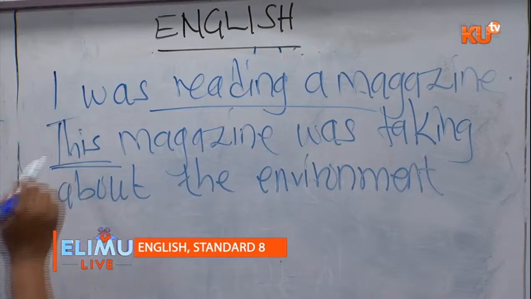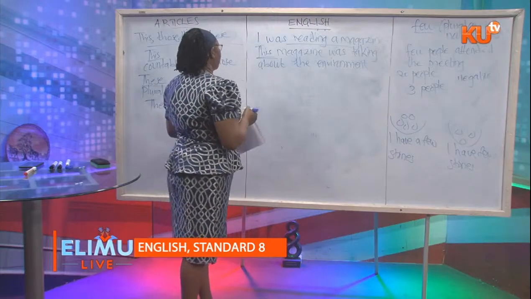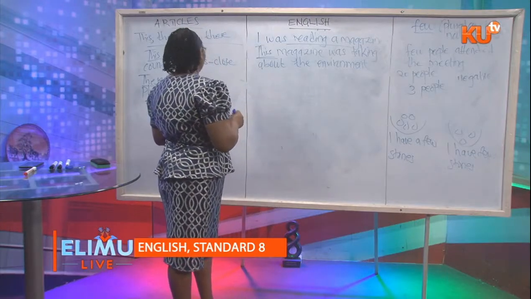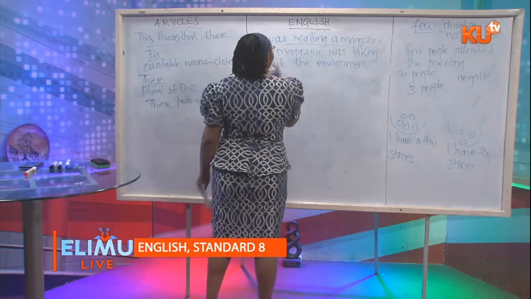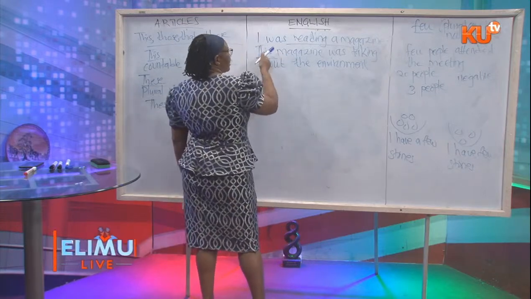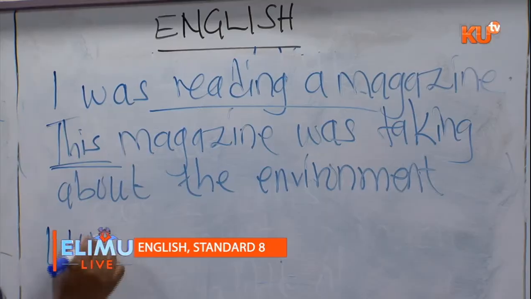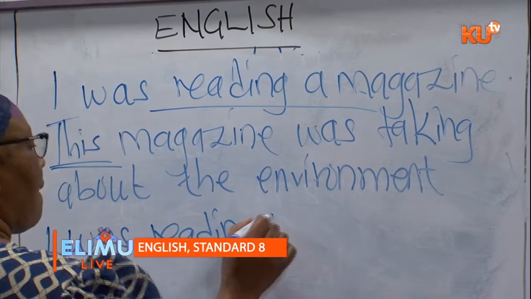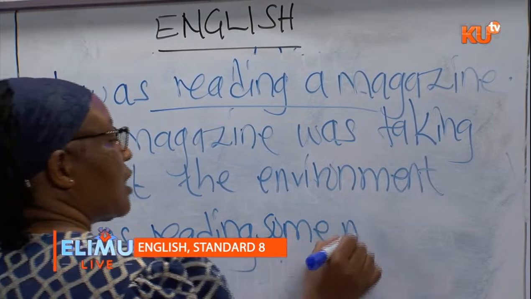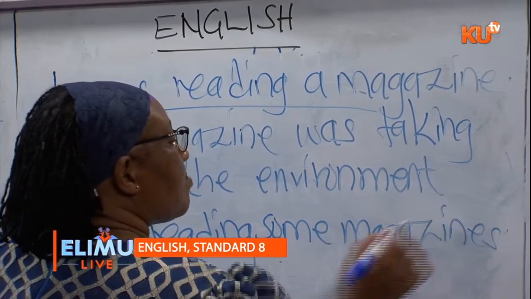So the word this is referring to an item that has already been mentioned earlier, and the same case applies to the word these. I'm assuming that I'm changing this sentence to plural. So I'll say I was reading some magazines.